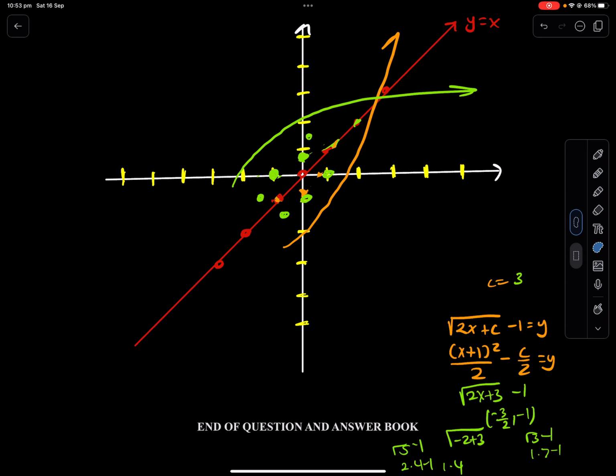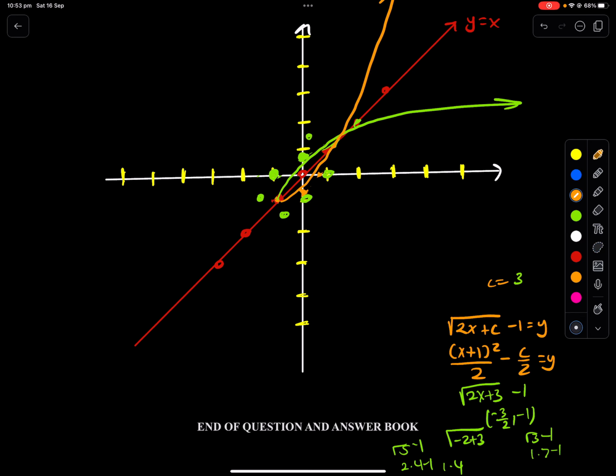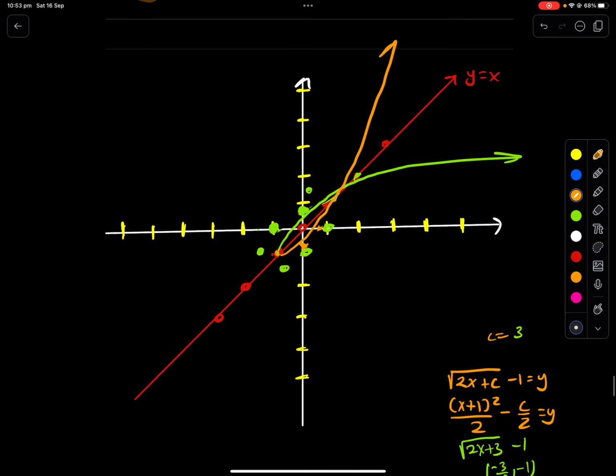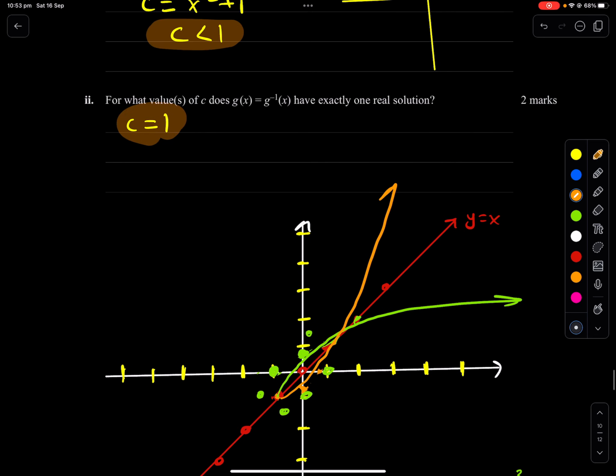So it only hit when c was equal to 2, when it was negative 1 over here. So when c was equal to 2, we got that, and when c is greater than 2, we get one solution again for all of them. So when c is greater than 2, we get pretty much one exact real solution.